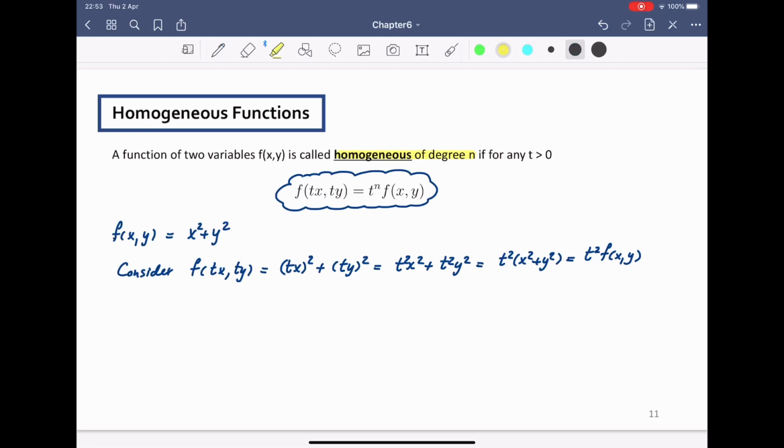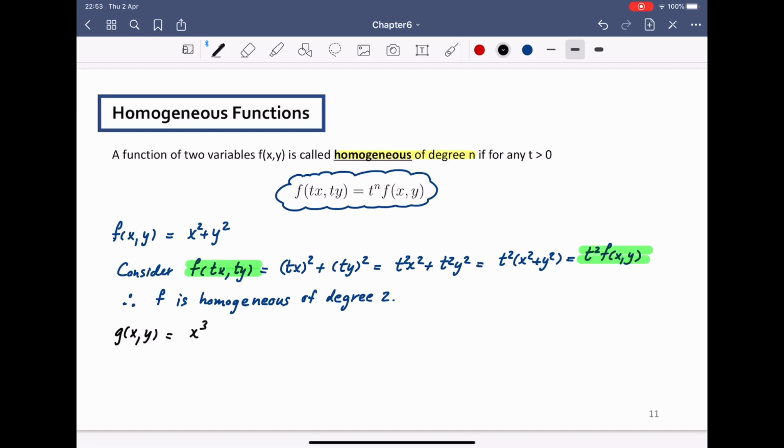So you can see from here that f(tx, ty) equals t squared times f(x, y). So by definition, f is homogeneous of degree 2, right?